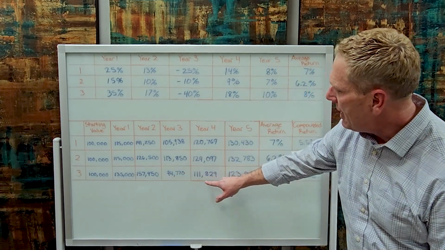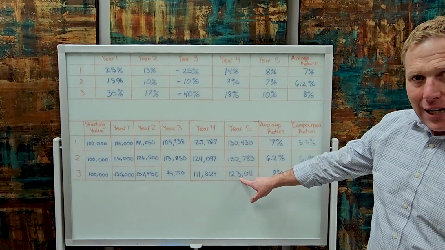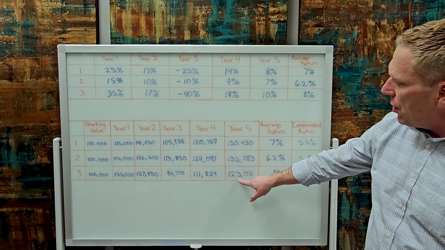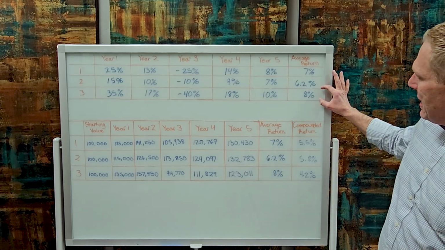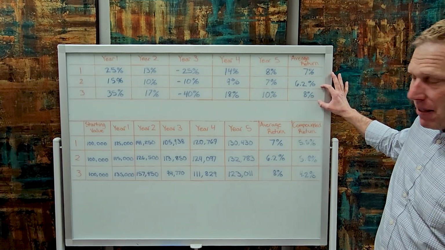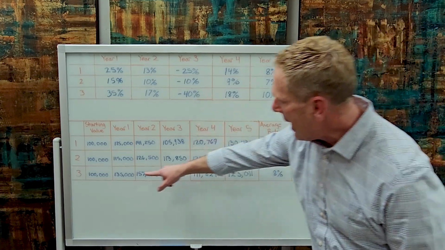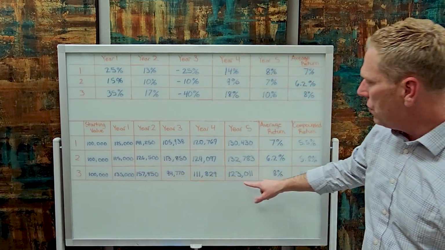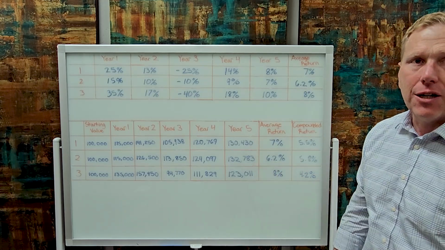By the time you made that up in the next 2 years, your ending balance was $123,000. So the actual average annualized return, because of the volatility of this 3rd year, actually netted you the least dollars earned of all scenarios.